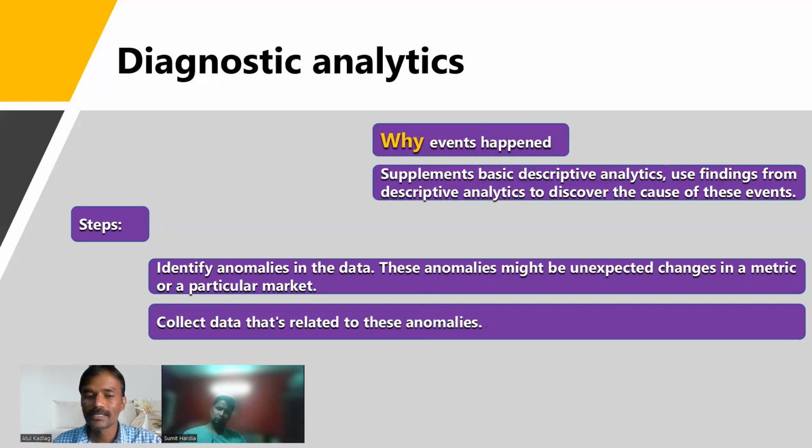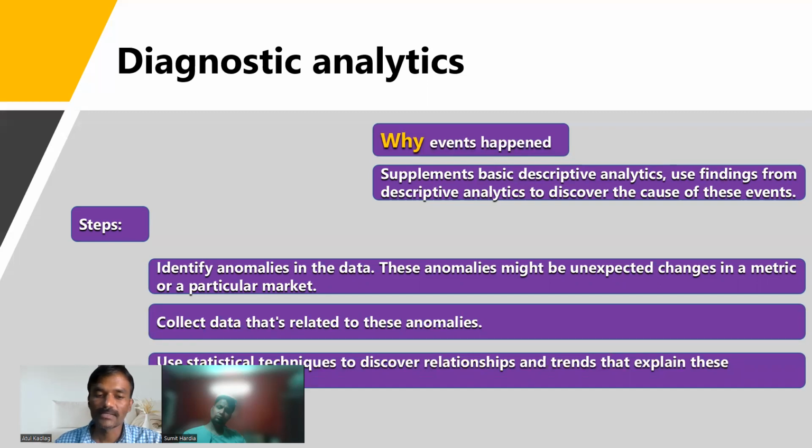We can collect data related to these anomalies and say this is why it has happened. There are also other statistical techniques to discover relationships and trends that explain this, and the Power BI tool helps us use some of these statistical techniques to reach the diagnostic analytics conclusion.